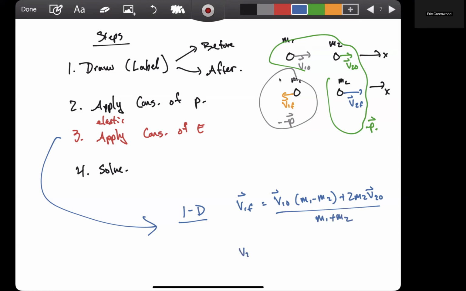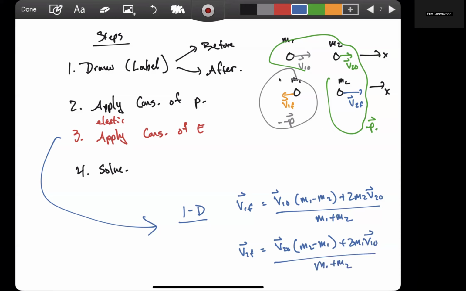The final velocity of the second one is equal to the initial velocity of the second one times the mass of the second minus the mass of the first, plus twice the mass of the first times the initial velocity of the first, divided by the sum of the masses.